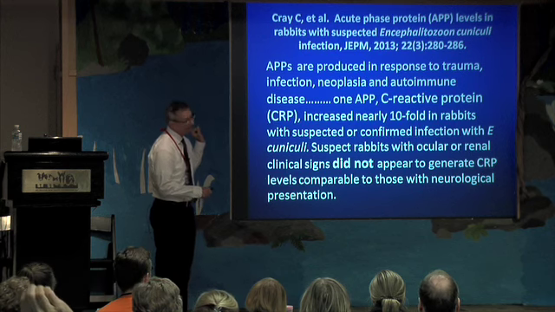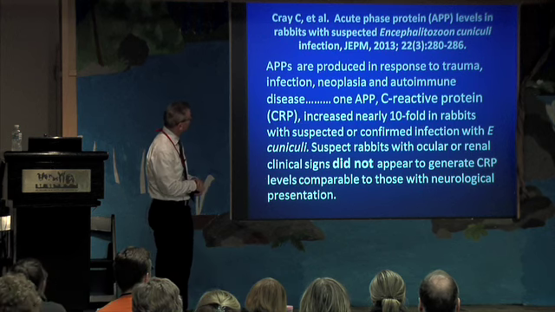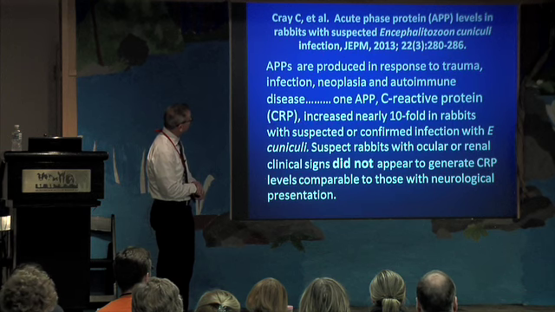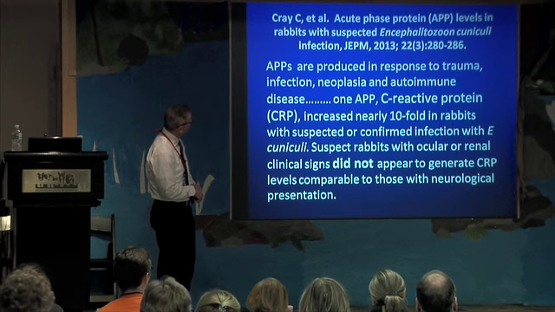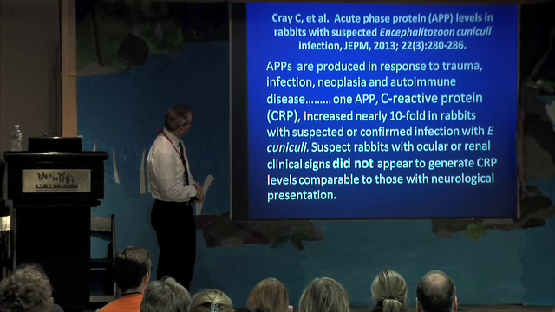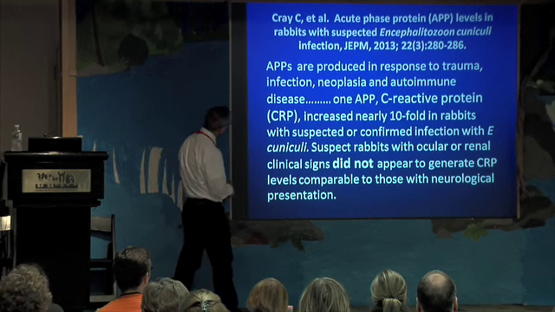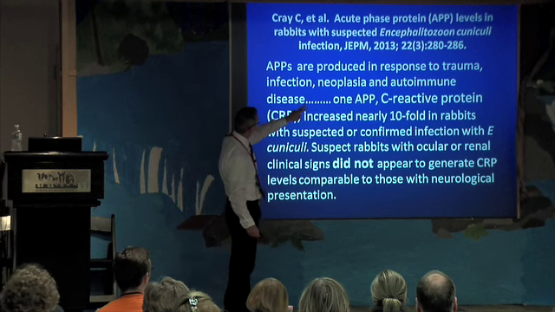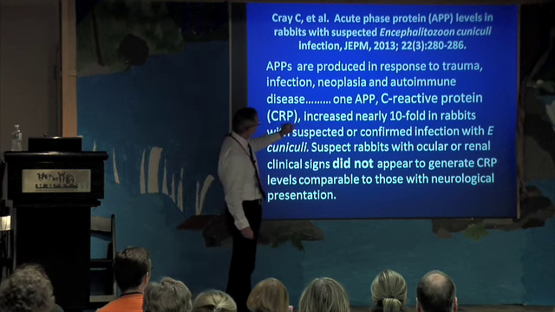But first of all, as far as diagnostics, this paper was from 2013 JPEM, looking at Carolyn Perry's lab at the University of Miami. Acute phase protein levels in rabbits with suspected E. cuniculi. These APPs are produced in response to trauma, infection, neoplasia, and autoimmune disease.